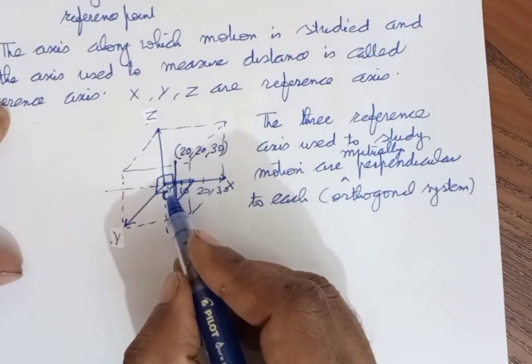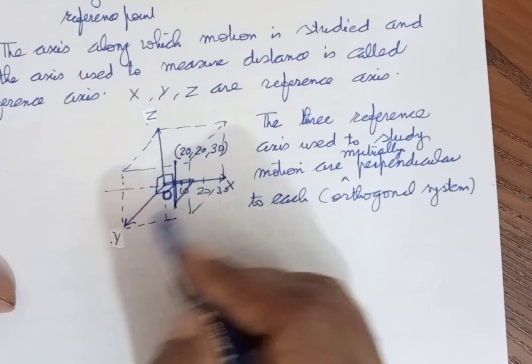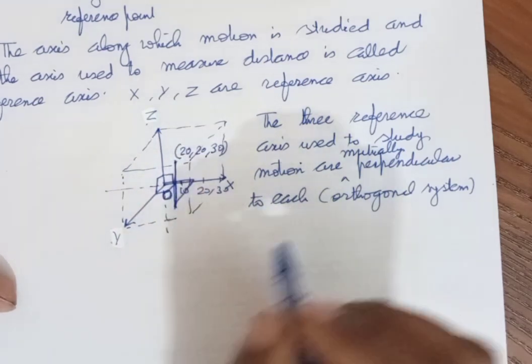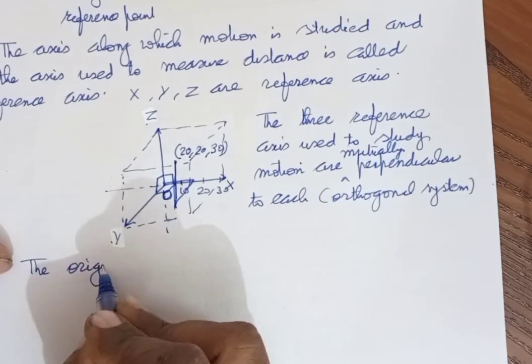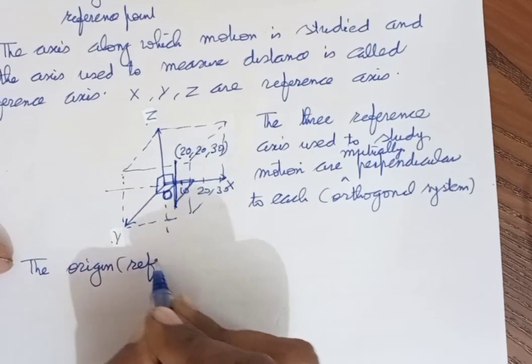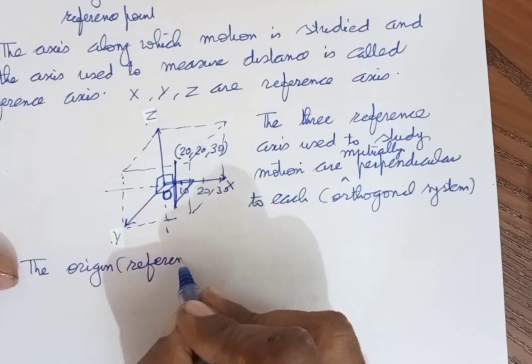So what is the origin? The origin is the point where all three reference axes intersect. What does it mean by origin? It is only the reference point where we individually are standing.